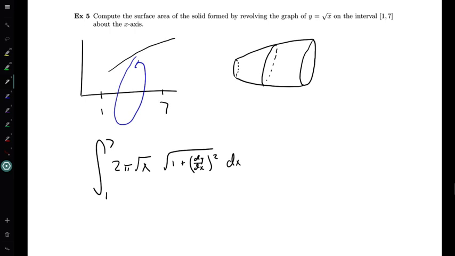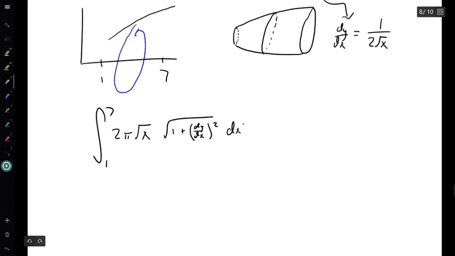We know in this case that since y equals the square root of x, we can write down dy dx as 1 over 2 root x. And then we have the integral from 1 to 7 of 2 pi root x times root 1 plus, dy dx in this case is 1 over 2 root x, squared, dx.